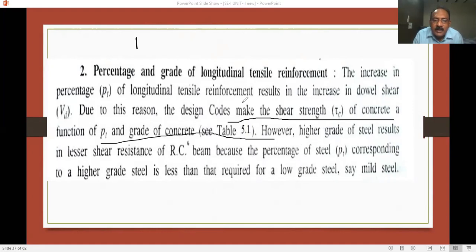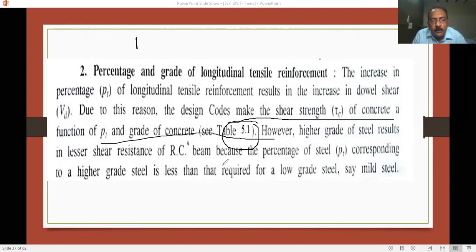That's why the design code developed a table, Table 19 in the IS code book, which you will observe. Why? Because the shear strength of concrete, tau c, is a function of the percentage of steel. That's why this table was developed.